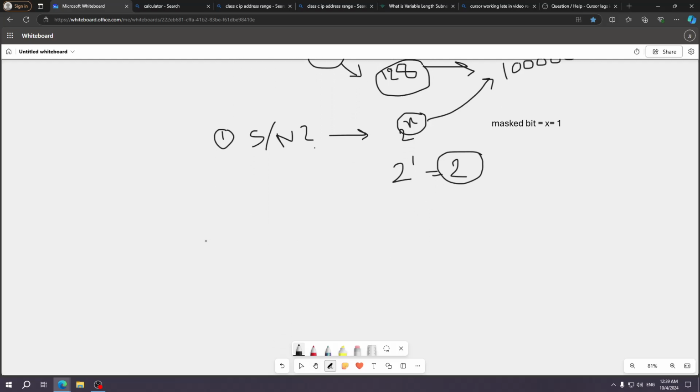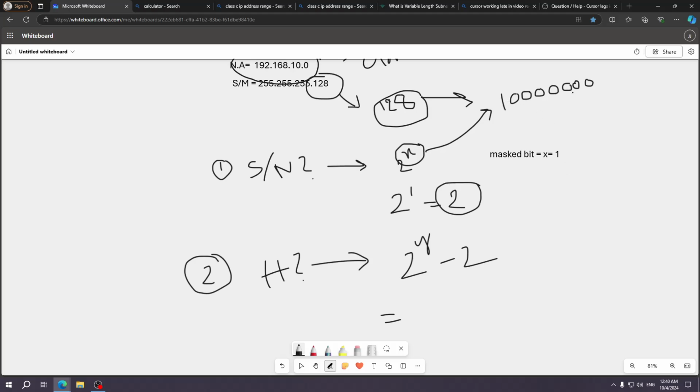Then if we move to the second question, we need to answer how many hosts. For this I need another formula: 2 to the power y minus 2. What is the value of y? The value of y is the number of zeros here.